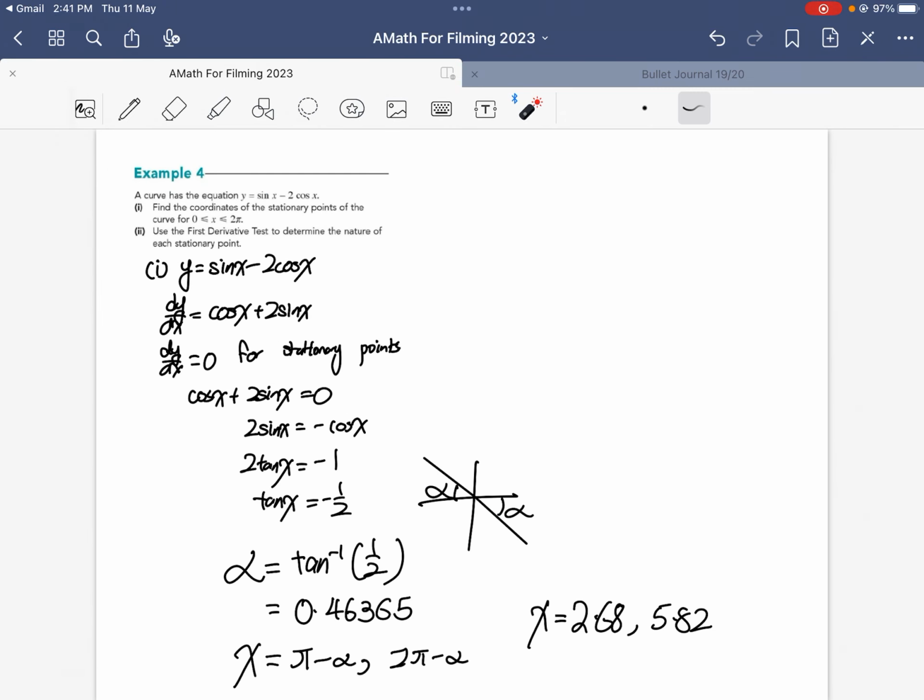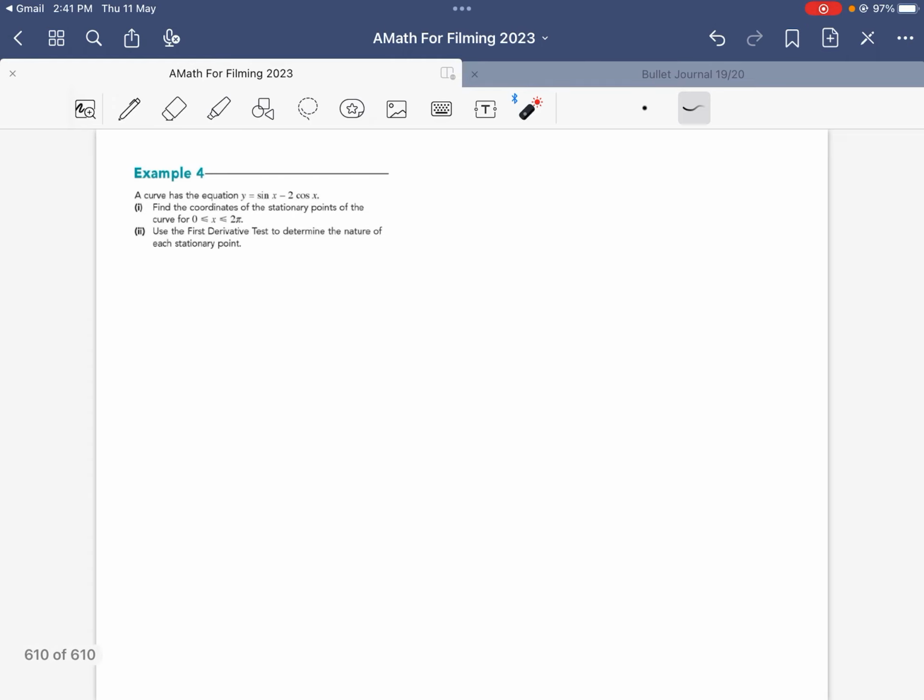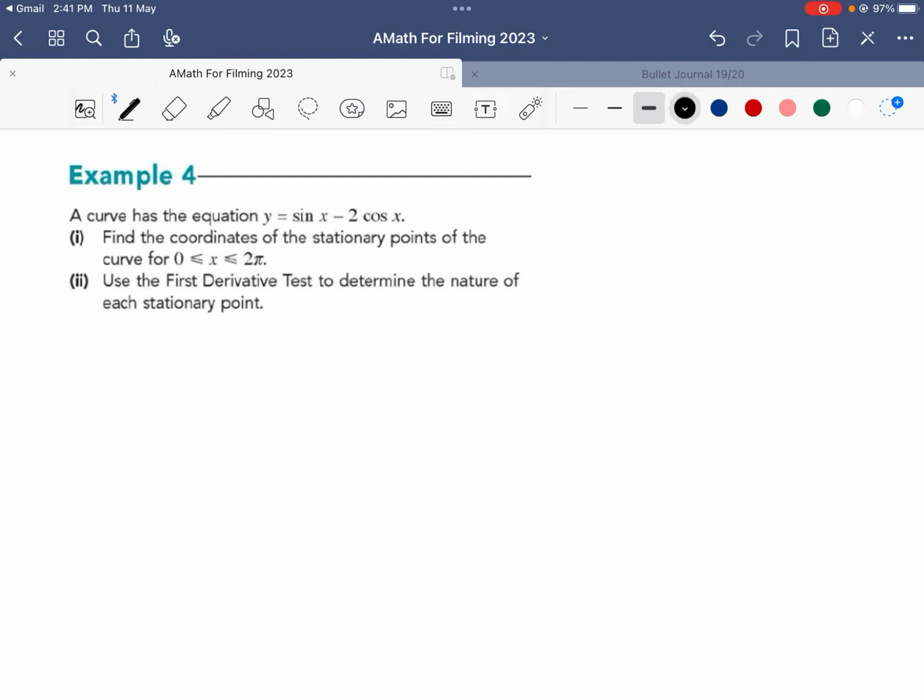In the second part, what they want me to find is, using the first derivative test, the nature of each stationary point. So a very quick recap. I know we can't flip this like a book. So dy/dx in this case was cosine x plus 2 sine x.